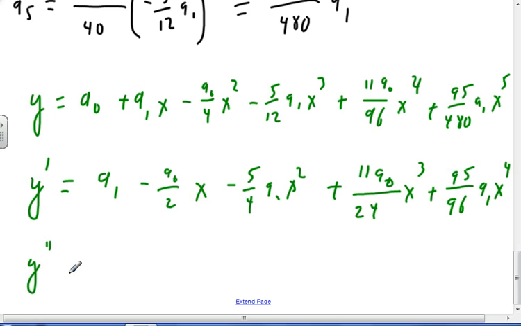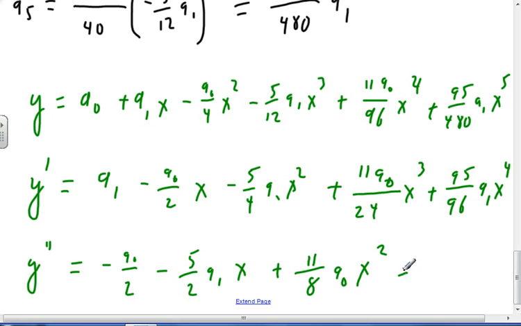Y double prime: minus A0 over 2 minus 5 over 2 A1x plus 11 over 8 A0x squared plus 95 over 4 goes into there, 24 times 24 A1x cubed.